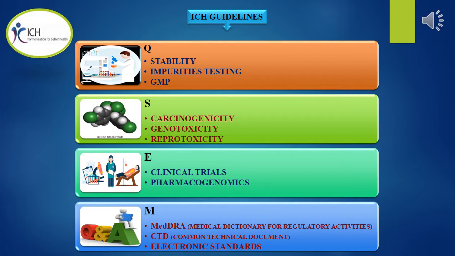Toxicity testing guidelines come under safety. Then efficacy covers clinical trials and pharmacogenomics. This all represents the medicines, drug substances or drug products, stability, toxicity and efficacy. Quality, safety and efficacy: under these, the parameters are tested according to ICH guidelines.